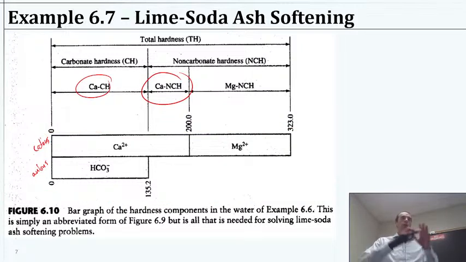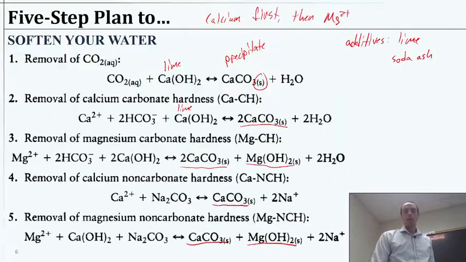The point being, if we're looking at the total hardness, we can categorize it based on what chemical reactions need to happen. So I think I would probably give you this set of reactions if I were to have you do a big problem with this on an exam.